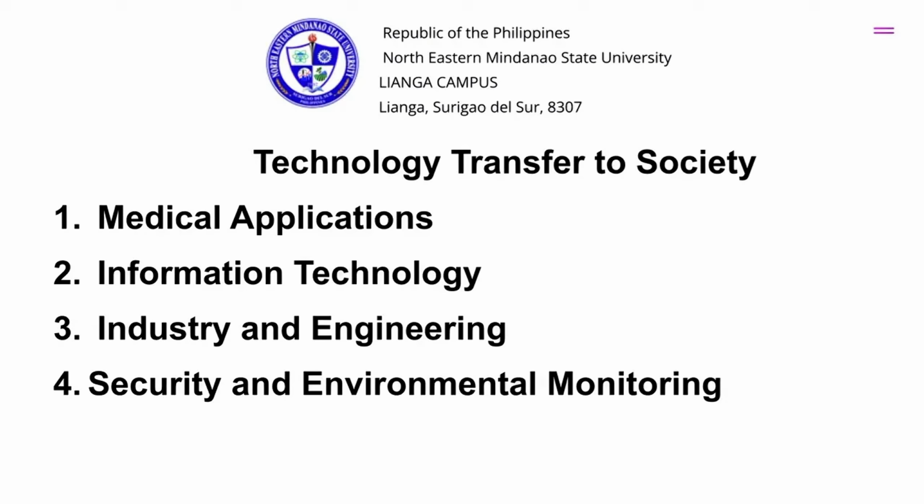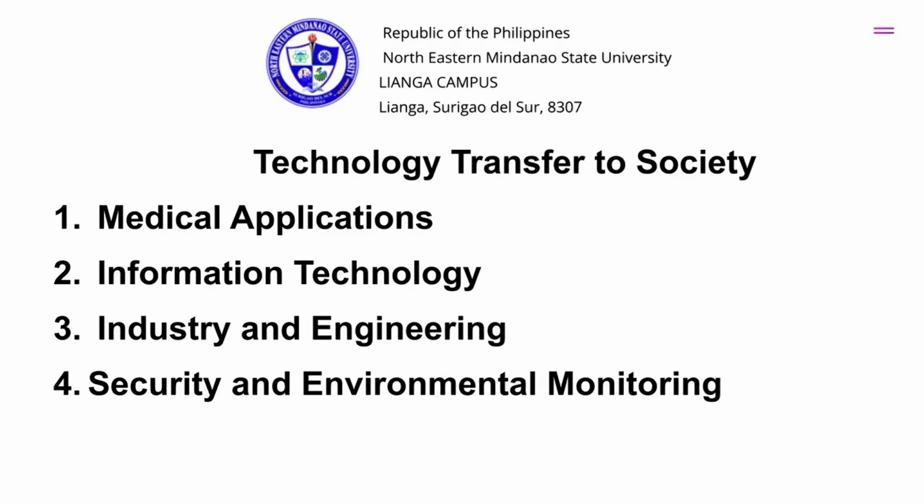Number 2 is information technology, for the development of the World Wide Web at CERN, and also advances in big data processing and cloud computing. Number 3 is industry and engineering, which includes superconducting materials, precision manufacturing techniques, radiation detection, and safety systems.